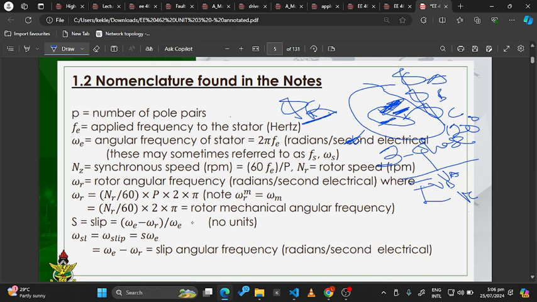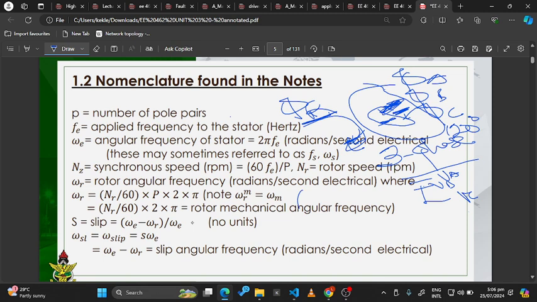Because it is rotating, it should be rotating at a set speed. The speed at which it rotates is what we refer to as the synchronous speed. And this synchronous speed is a function of the supply frequency and also a function of the number of poles.